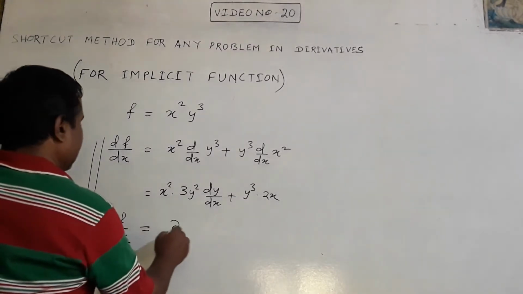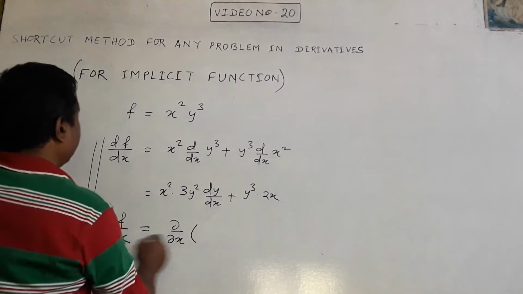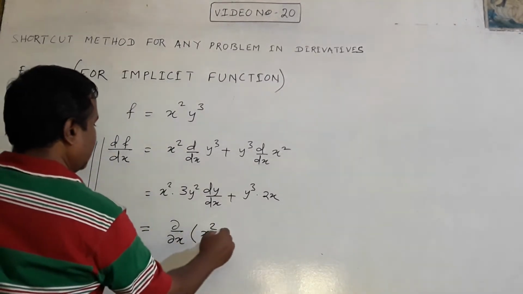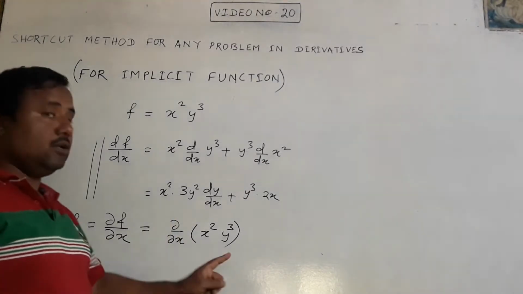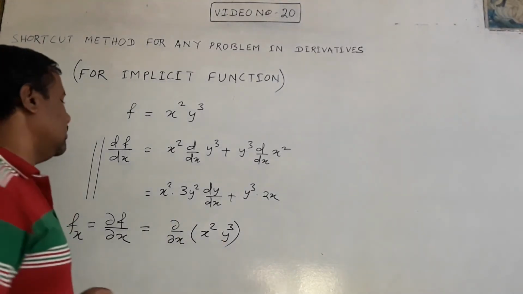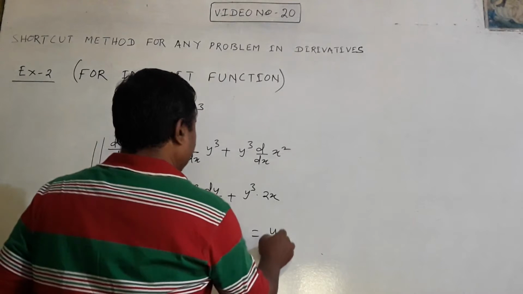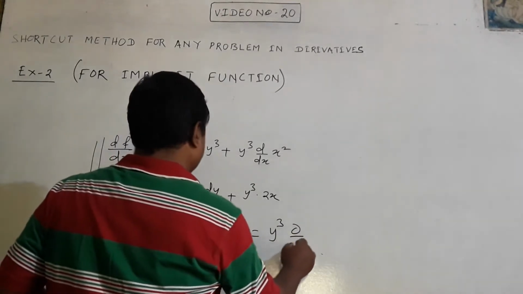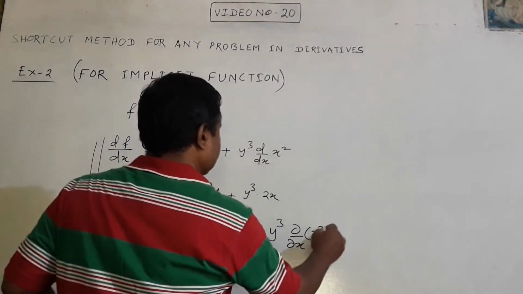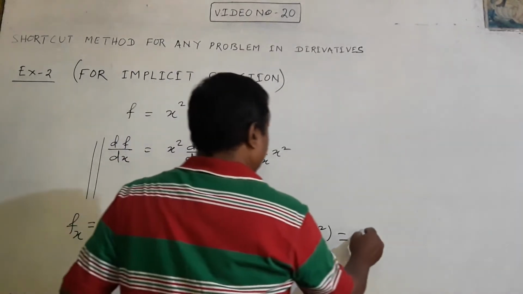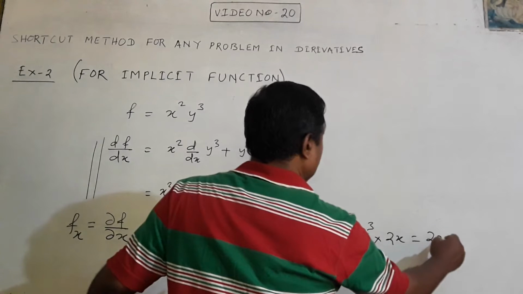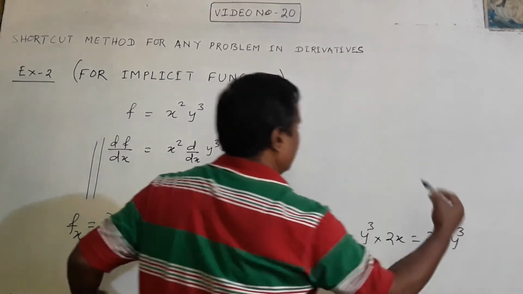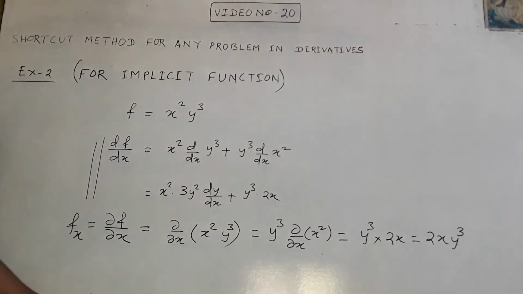That means del by del x of f, where f is x square y cube. You are differentiating with respect to x, not y, so y is your constant. Keeping y cube outside, del by del x of x square becomes y cube into 2x, meaning 2x y cube.